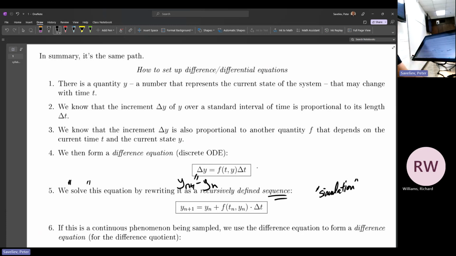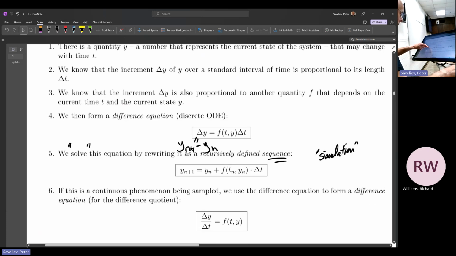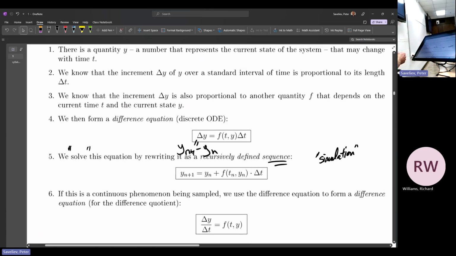If this is a continuous phenomenon being sampled, such as motion or flow, maybe not population, because it usually changes incrementally, then we use the difference equation to form a difference quotient.